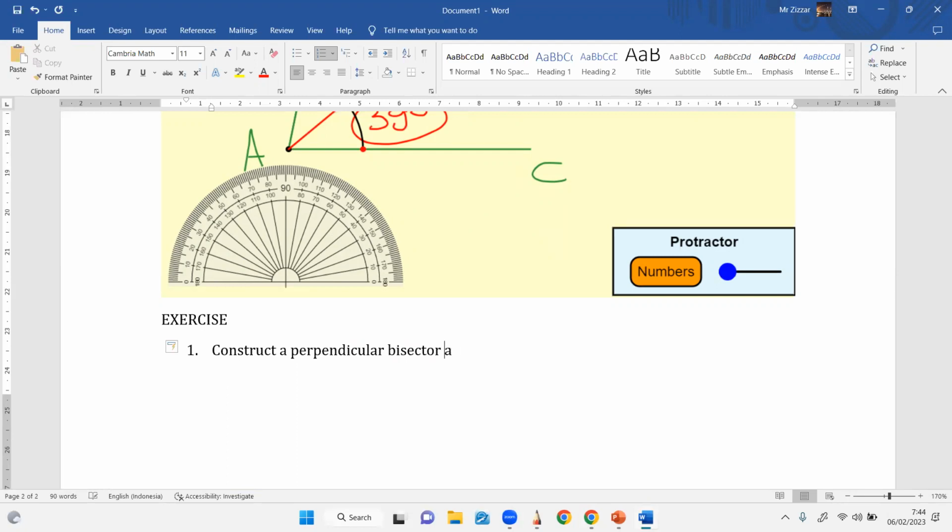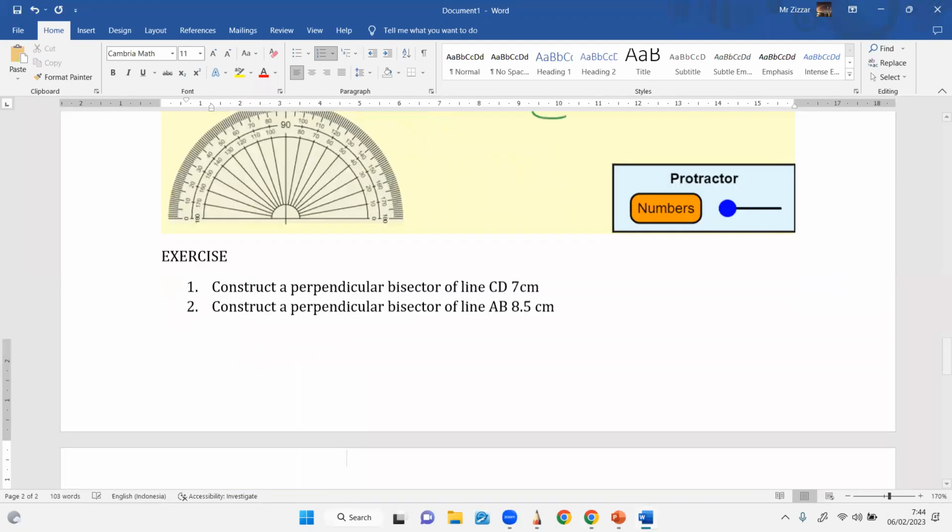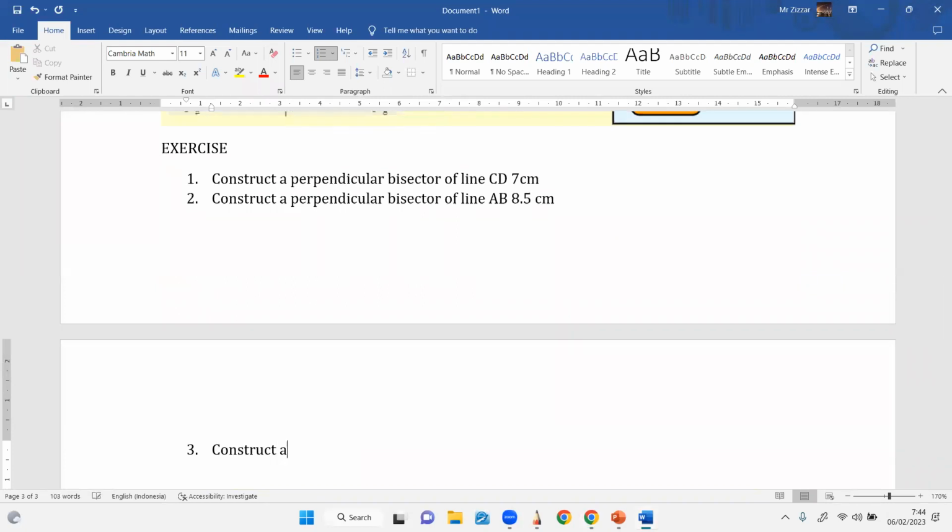No, you have to use a compass. Construct a perpendicular bisector of line CD, 7 cm. Bisector of line AB, 8.5 centimeter. Construct an angle bisector. Each, 2 questions for your exercise.